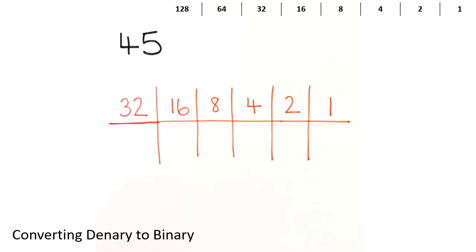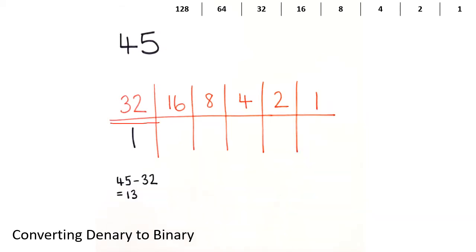So we're going to start off trying to fit in the biggest numbers that we can into the number 45. So 32 will fit in 45, so we're going to have one of those. Okay, so we put a 1 under the 32. Now if we take 32 away from 45, we have 13 left over.